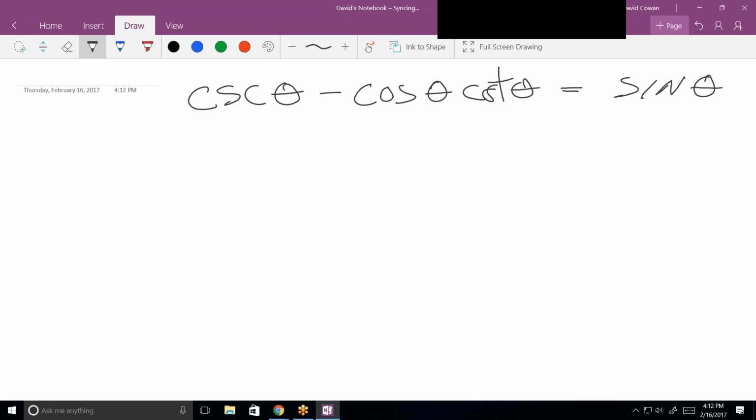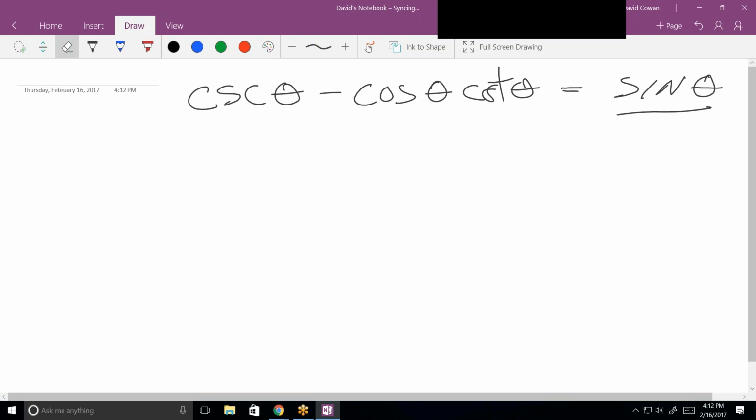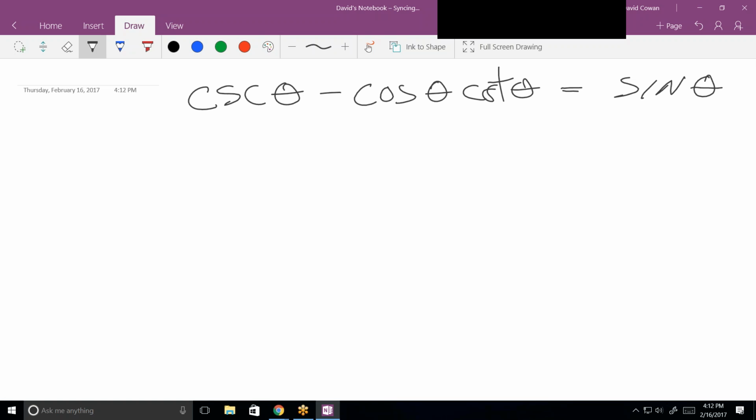Okay. Well, the first thing I notice is I see a cosine and a sine. So it can't be terribly wrong to start turning everything on the left into sines and cosines. I don't see anything being squared, so I'm probably not immediately looking at a Pythagorean identity.